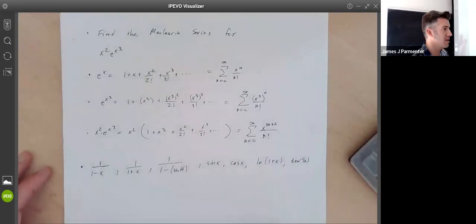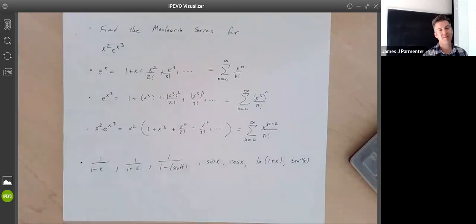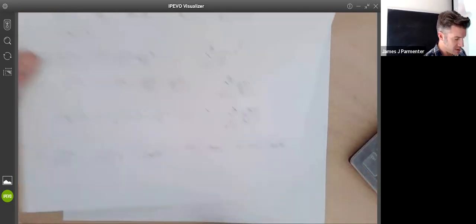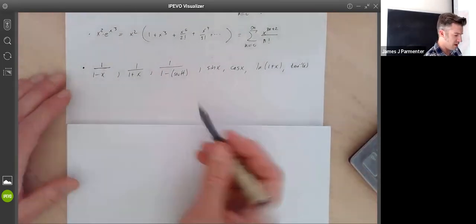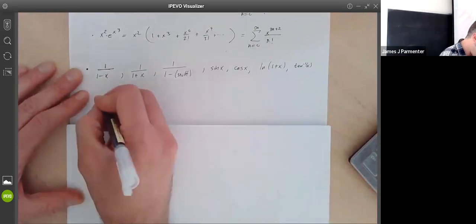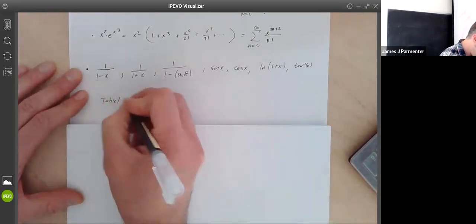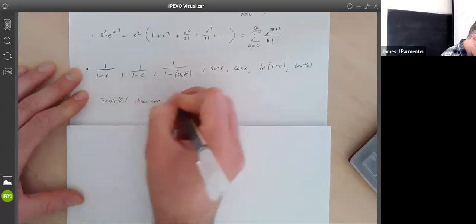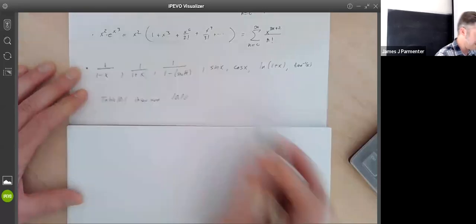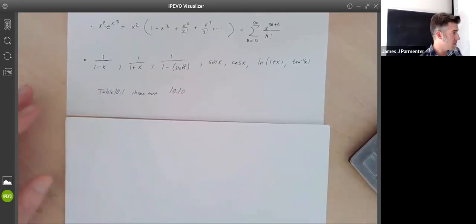These are all series that you're, I don't want to say expected to know because that's maybe a little too hard, but definitely there are things you should recognize that you can manipulate easily. So just to make this a little bit more exhaustive, these are all in, I think it's table 10.1 in section 10.10. These are listed. And most of them we know.